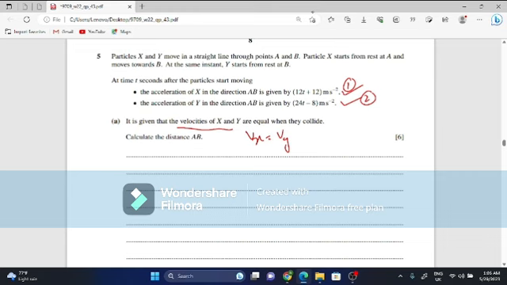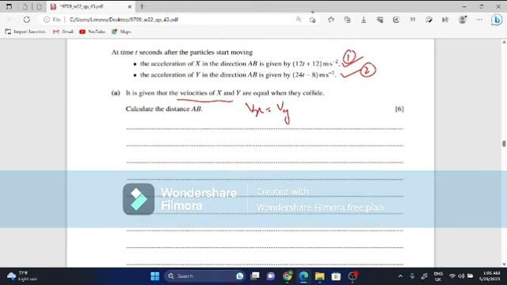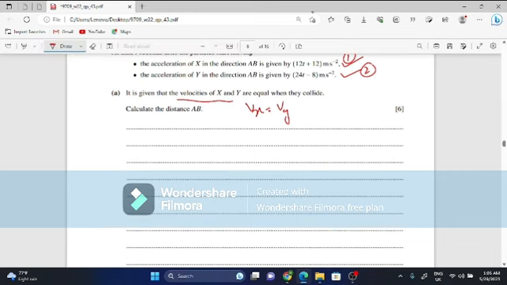So it would be written over here, integration of the first expression, that is 12t plus 12 dt, which is equal to the second expression, that is for y, 24t minus 8 dt. So apply the power rule of integration.